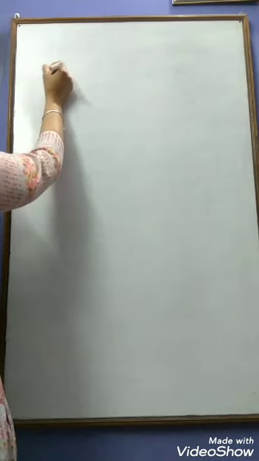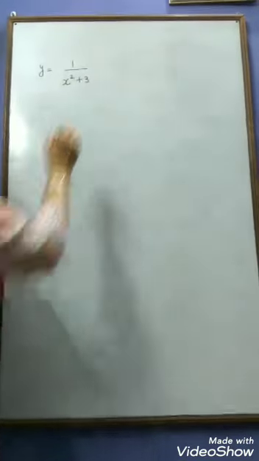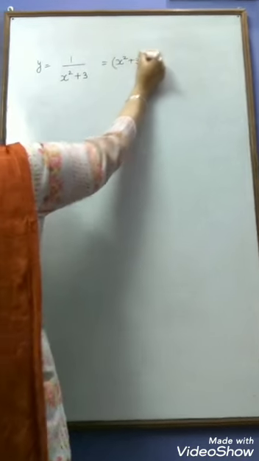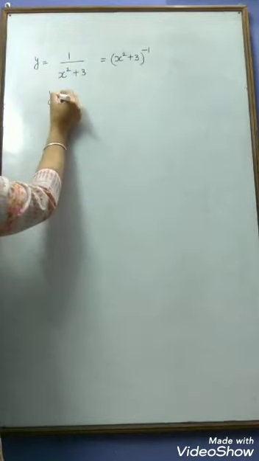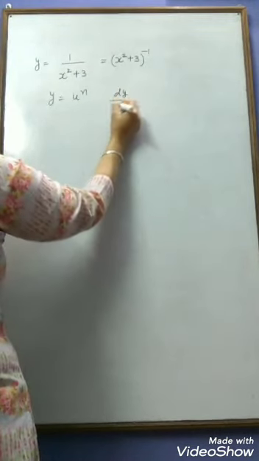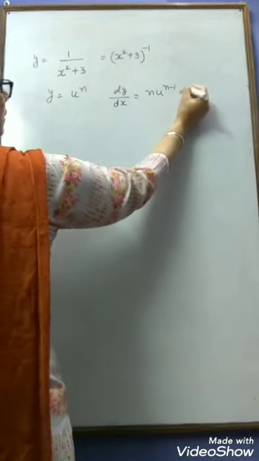Okay class, let's do more examples for the differentiation rule. The first is y is equal to 1 upon x² + 3. To differentiate it, write (x²+3)^(-1). We use the formula for uⁿ, whose derivative is dy upon dx = n u^(n-1) du upon dx.